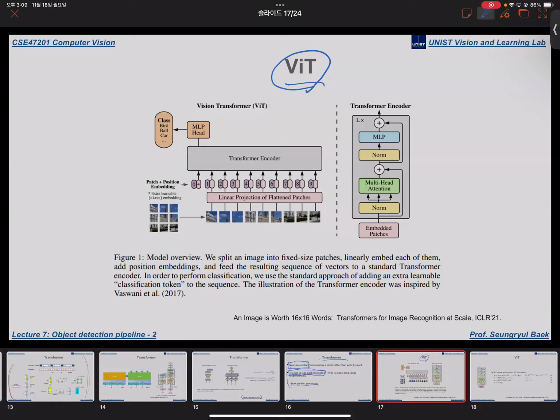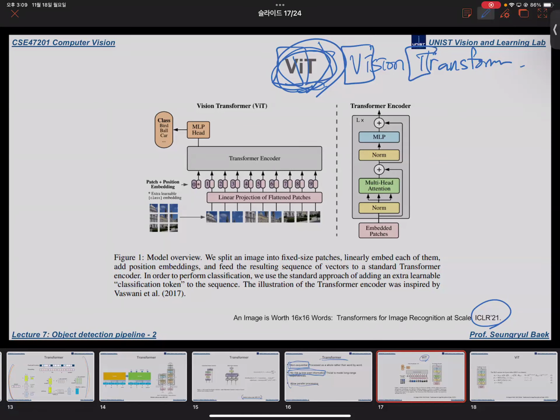Okay, and this is an early paper in this stream of works that try to replace the CNN with the transformer. So this is called Vision Transformer. We will normally call that ViT, okay? So Vi is from Vision and T from Transformer.